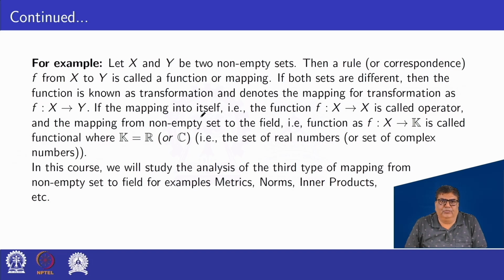If the mapping is into itself, the function f such that X to X is called an operator, and the mapping from a non-empty set to a field, that is, the function f such that X to K, is called a functional, where K is R or C. R means the set of real numbers and C is the set of complex numbers.